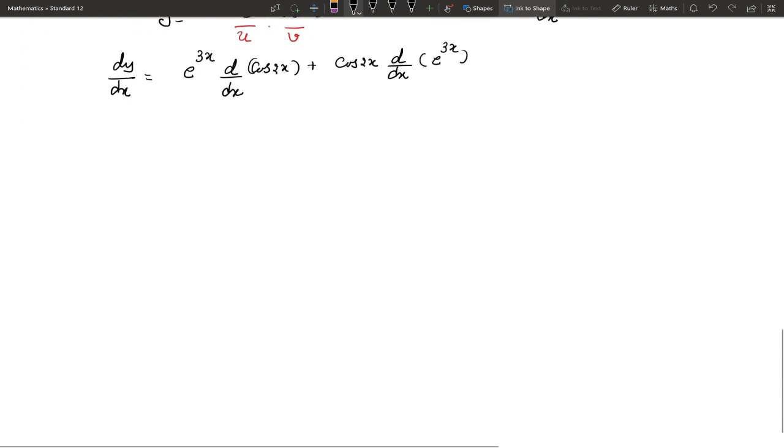Now when we differentiate this, e raised to 3x as it is, the derivative of cos we know is minus sine 2x, using the formula d by dx of cos x, it is minus sine x. But now you can observe inside it is not x, we have to consider this as a function of x. So into, by chain rule, d by dx of 2x. This is due to the chain rule.